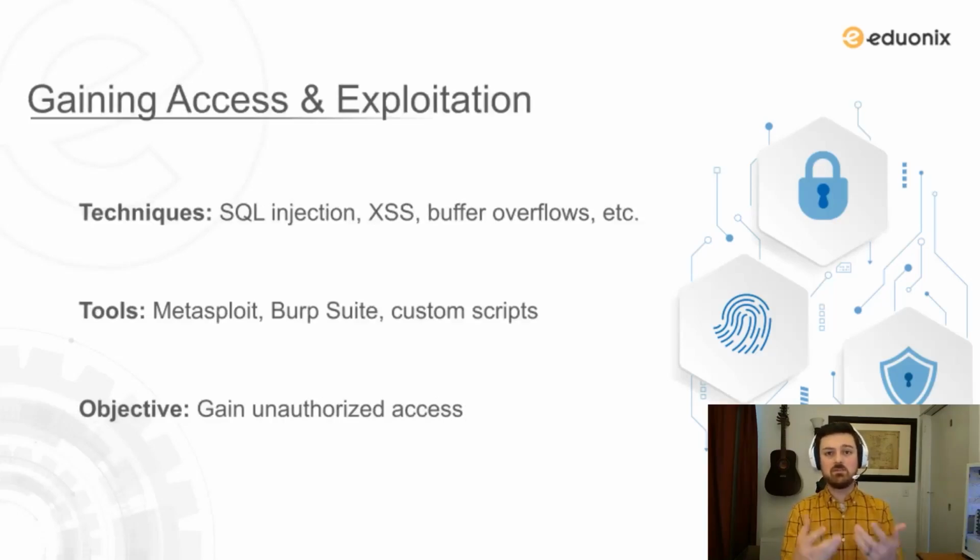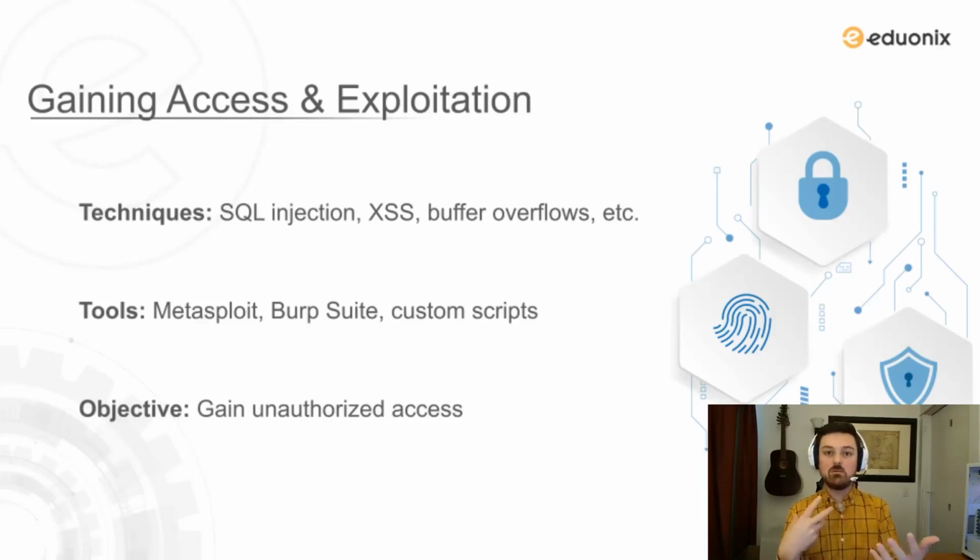Next, we're going to gain access and exploit these vulnerabilities. We're going to attempt to breach our target's defenses, and this is what gets into actual penetration testing. We might employ things like SQL injection to manipulate queries, or cross-site scripting, injecting malicious scripts into web pages, if that's something that we're doing.